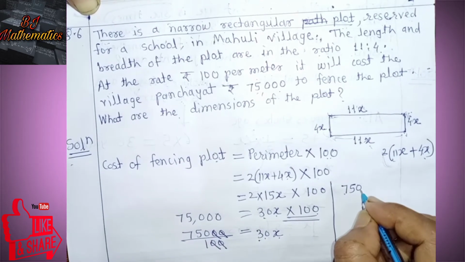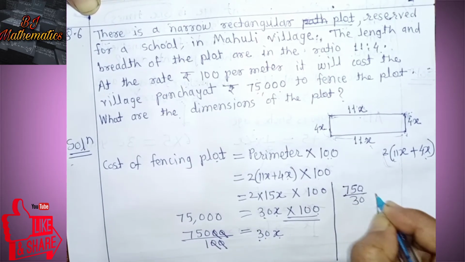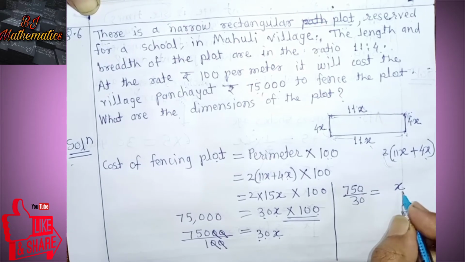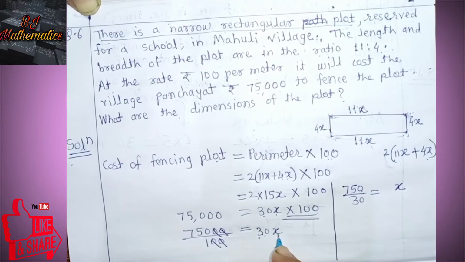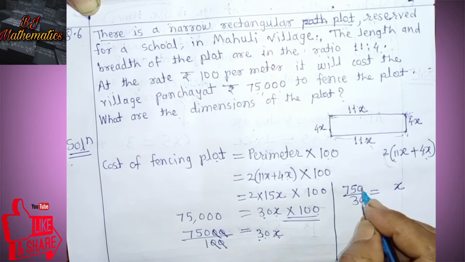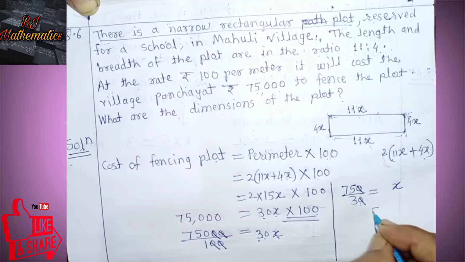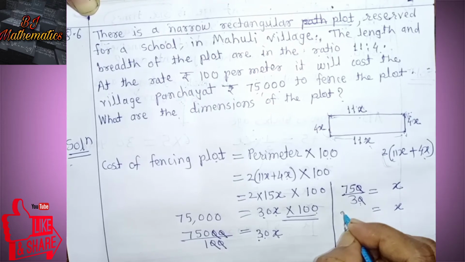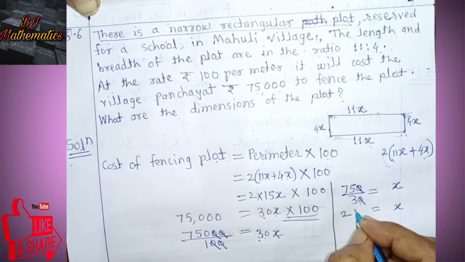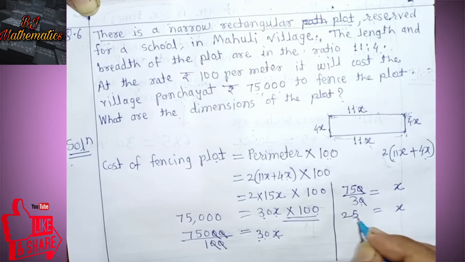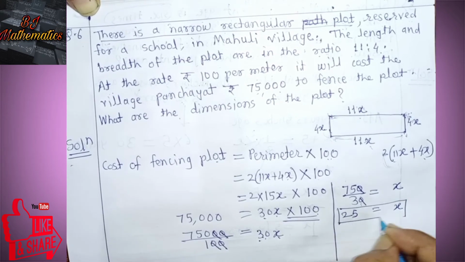Therefore 750 divided by 30 is equal to x. 3 2s are 6, 3 5s are 15. x is equal to 25.